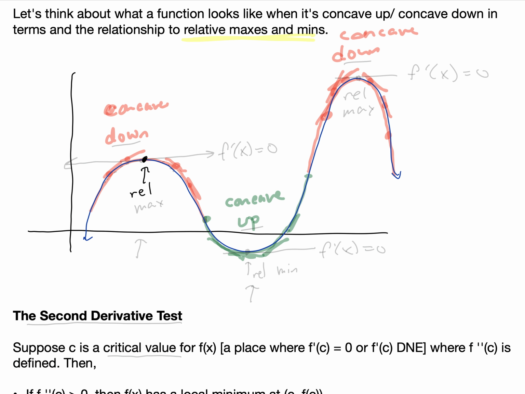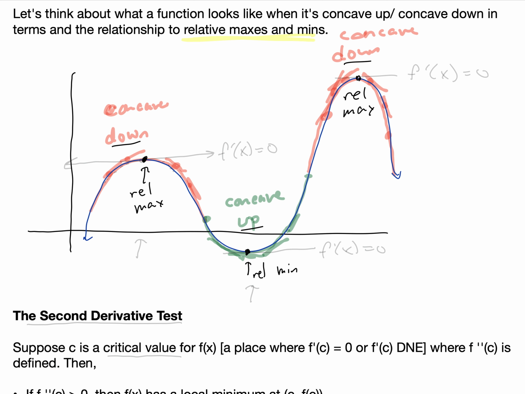So this is a relative or local max. This is a relative or local min. And this is a relative max. And so we see here that we have relative maxes when we're concave down, and relative mins when we're concave up.